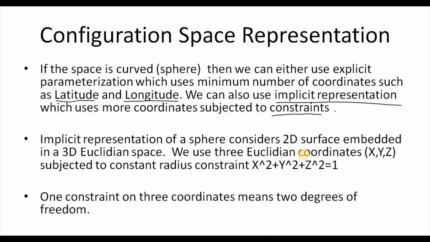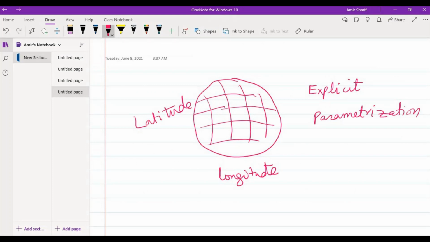We use three Euclidean coordinates x, y, z subject to a constant radius constraint: x^2 + y^2 + z^2 = 1. So this was the explicit parameterization, where we use only two parameters to represent our sphere.